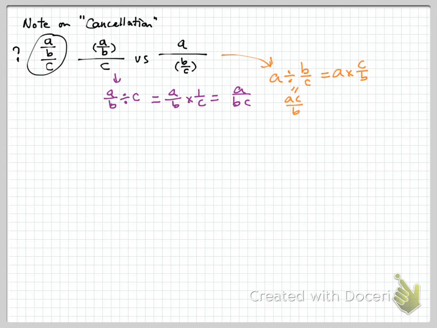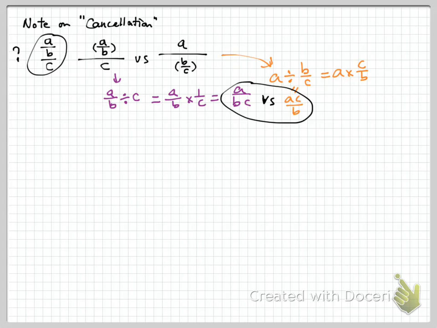Now it's plain to see they are not the same anymore. One is a over bc, one is ac over b. So now lesson number 1. When you want to build one fraction upon another, be very careful. Don't write a over b over c because they are not the same. Doing a over b first or doing b over c first will give you different results. Alright. So this is one point about cancellation.